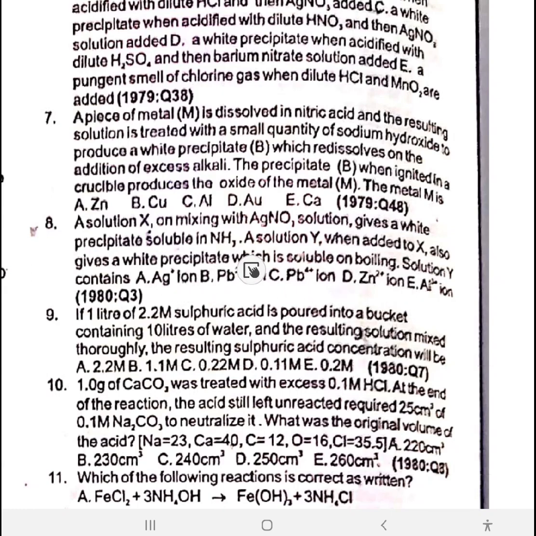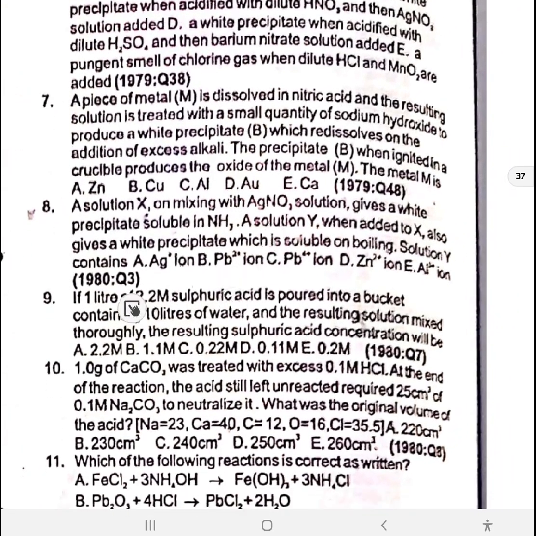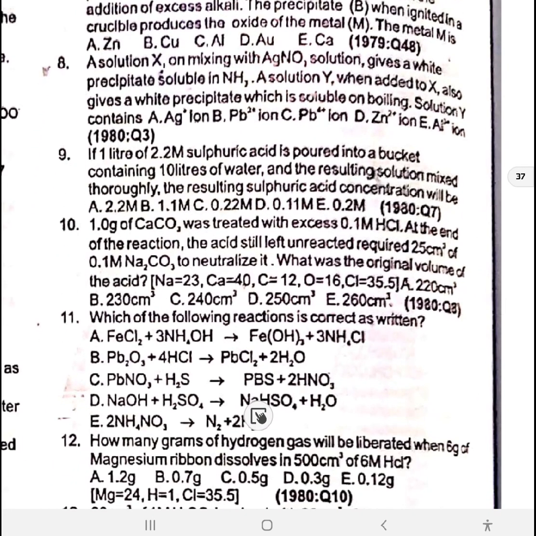Moving forward, a solution Y, they're talking about another solution now. We are done with X. When added to X, which is chloride again, it also gives a white precipitate which is soluble on boiling. Solution Y contains lead ion. So that's lead ion.